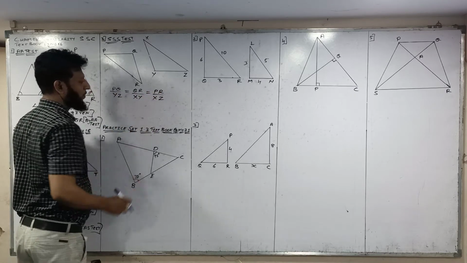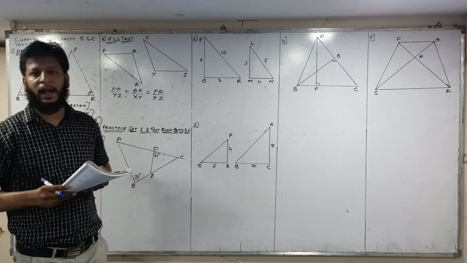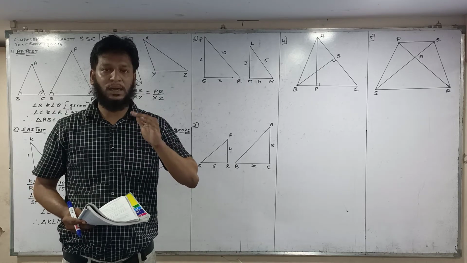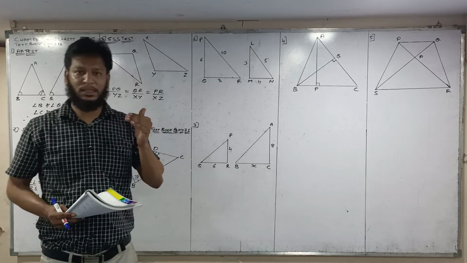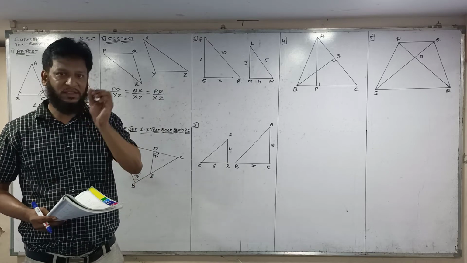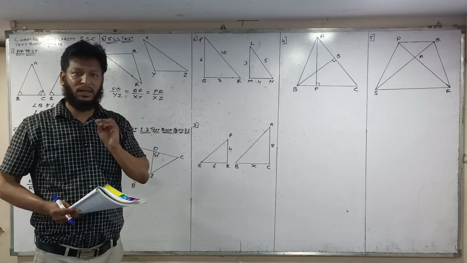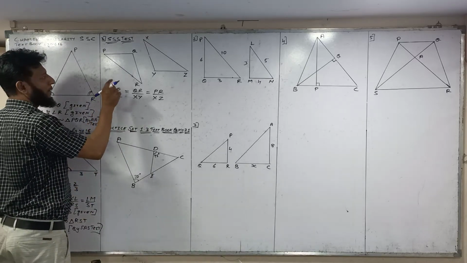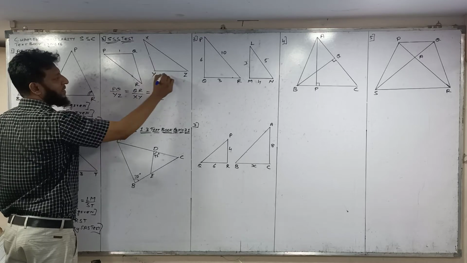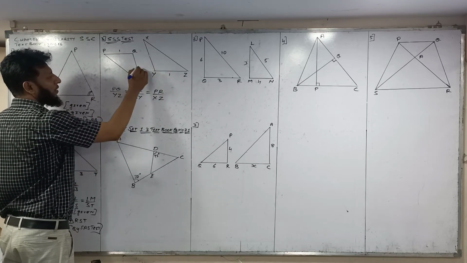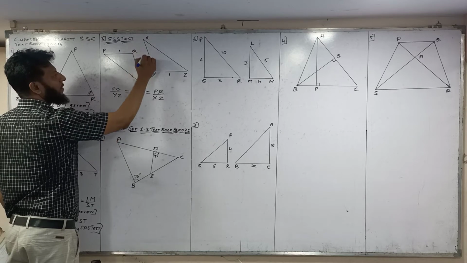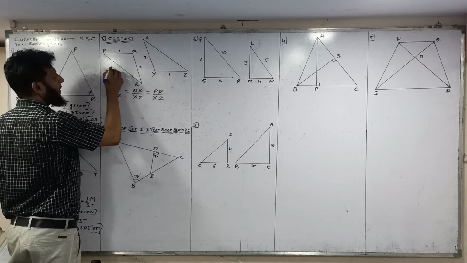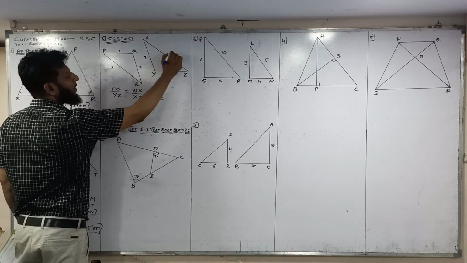So all three sides are proportional, but we have to give the name. For the proportional corresponding sides, we'll give some numbers. This number is not a value, just to name the sides we are giving a number. PQ and YZ are 1, QR and XY are 2. Two sides are enough to give the name. PR and XZ are the third side.